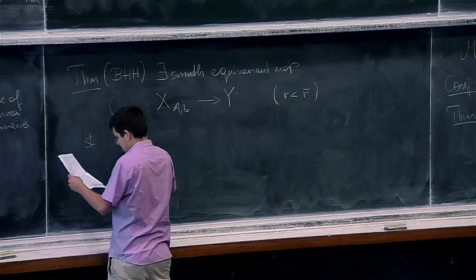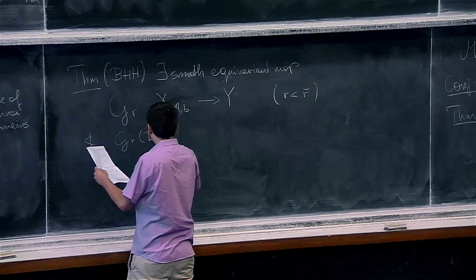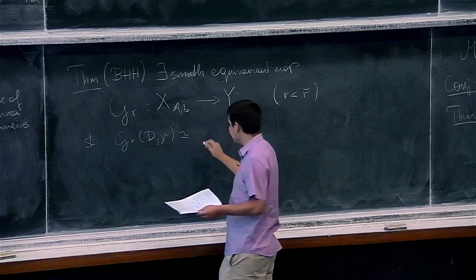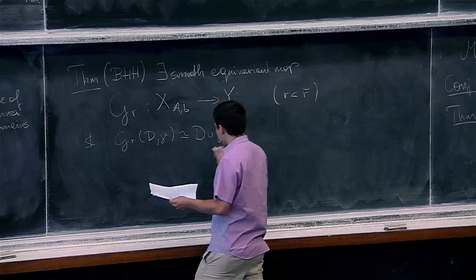So it doesn't add any topology, so the glued thing deformation retracts to the union of the domain and the curves.